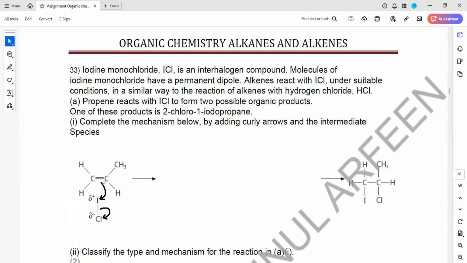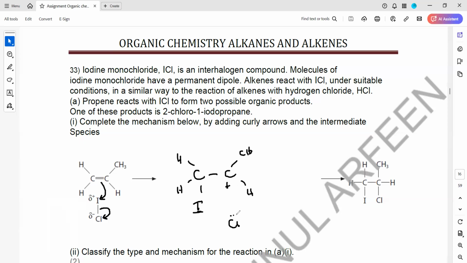What will be the intermediate here? Because in the question, we want iodine to be on the left carbon. So we'll have H here and CH3. And here is iodine attached. The other carbon will have a positive charge.